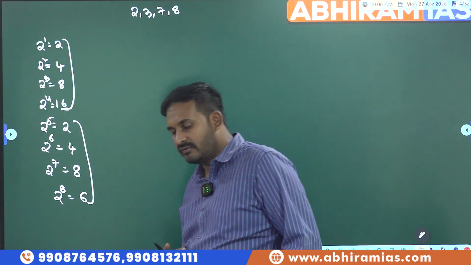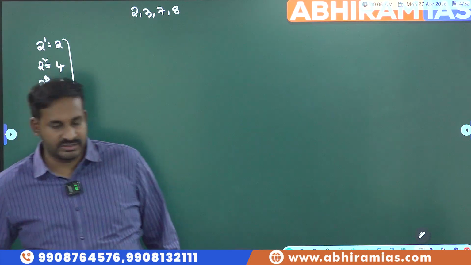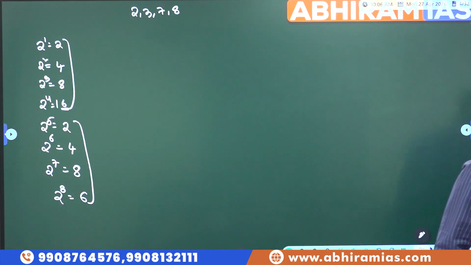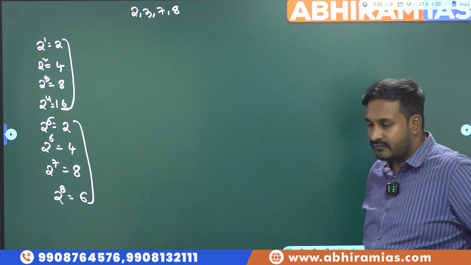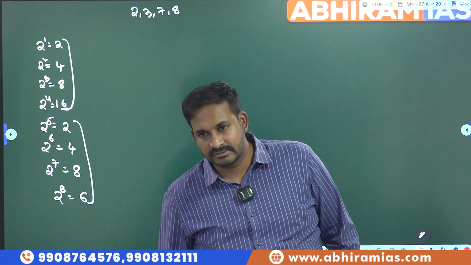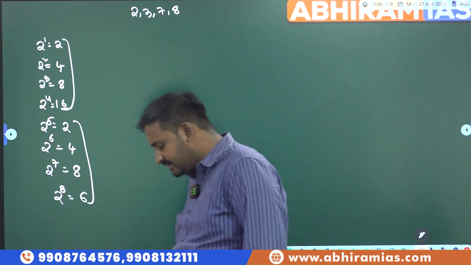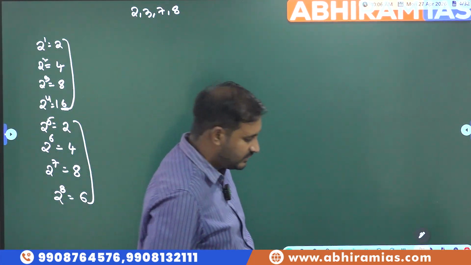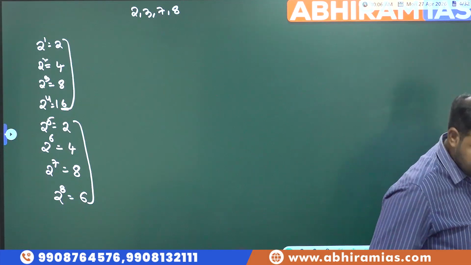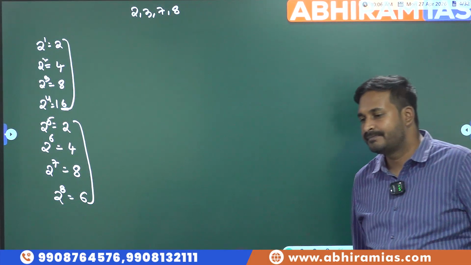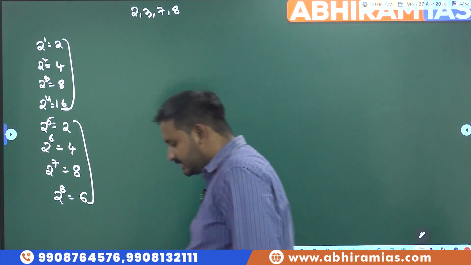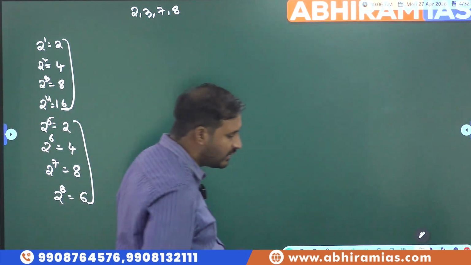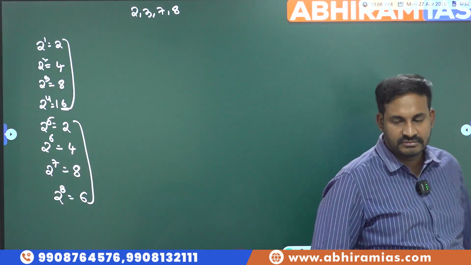The units digit of the number which ends with the digits 2, 3, 7 and 8 will have 4 chances each.